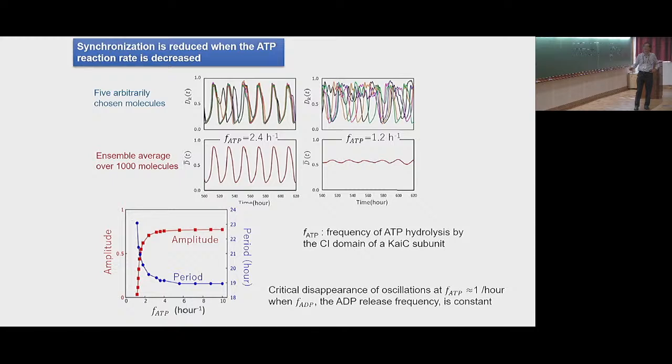That results in an almost zero average ensemble oscillation. So with a smaller frequency of ATP hydrolysis, the system is desynchronized. So this is the ATP hydrolysis frequency, and the amplitude sharply drops, and the period is extended like this.